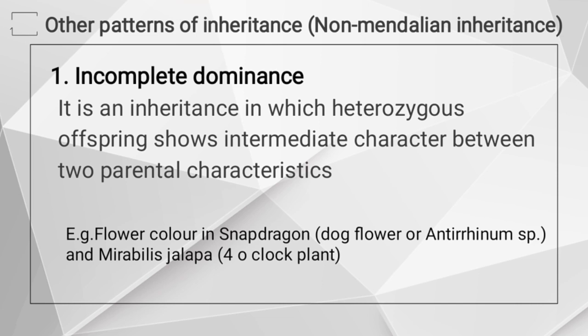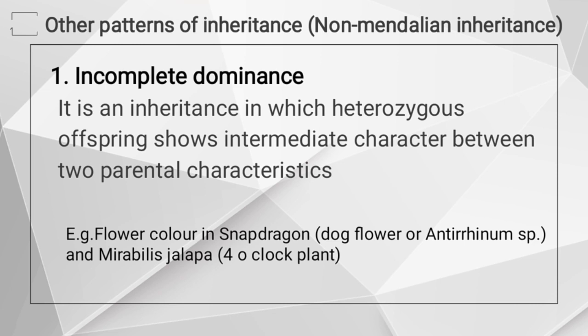For your study, there are five different non-Mendelian inheritances: incomplete dominance, codominance, multiple allelism, polygenic inheritance and pleiotropism.